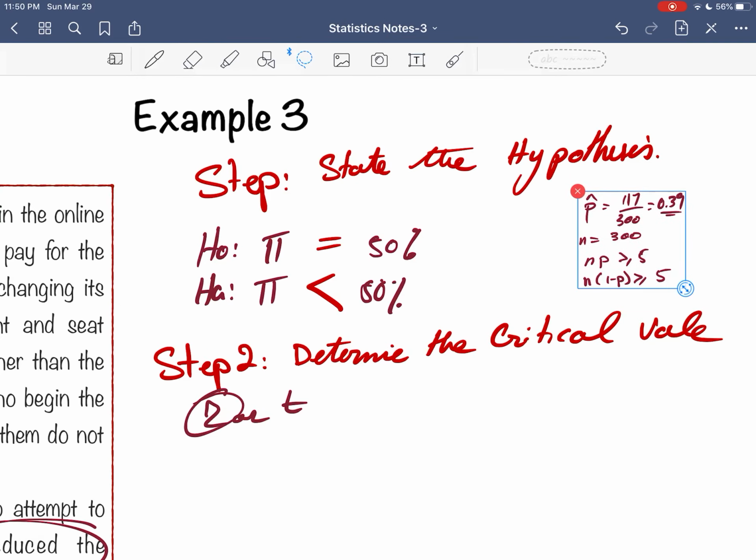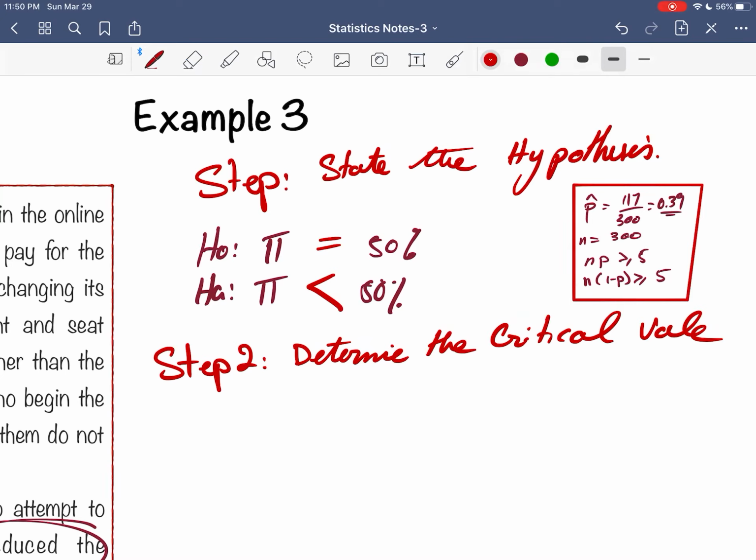Just keep them here, nice and tidy. There we go. So we're going to go ahead and use Z. And as I said, just for simplicity's sake, I'm going to use alpha is 5%. Notice that the entire alpha will be in the lower tail because it's a one-tailed test to the left.